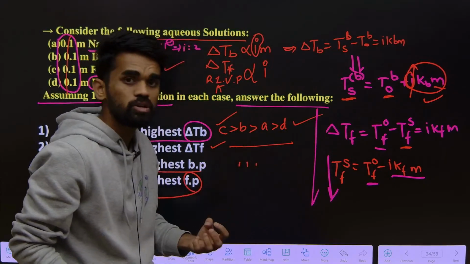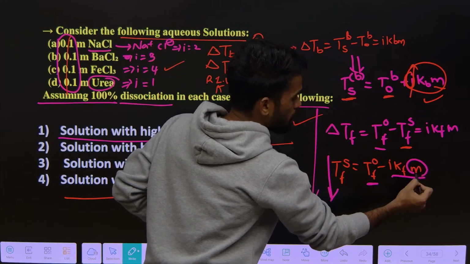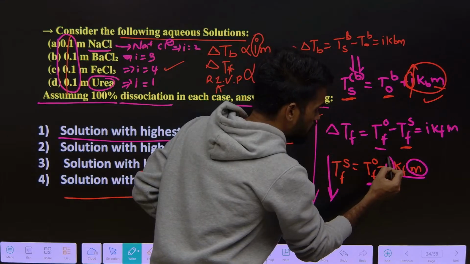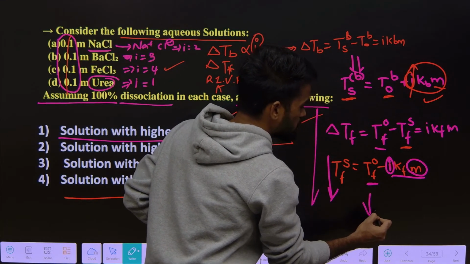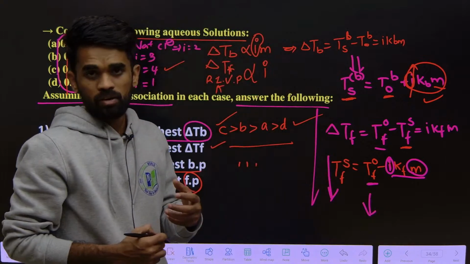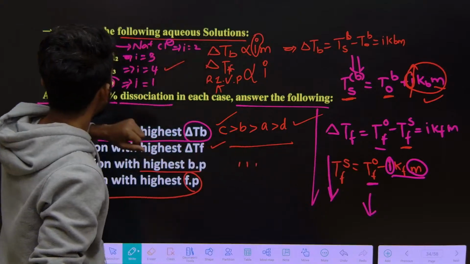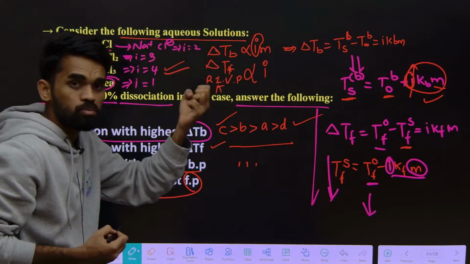Now how much it is decreased or depressed depends upon its molality, that is the concentration, and the Van 't Hoff factor i. If the Van 't Hoff factor is more, the depression is more, the decrement in the freezing point of that solution is more. So where do we have greater i value? Greater i value is in the case of this third option. So more i value, more is the depression.